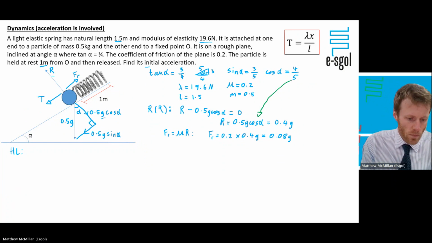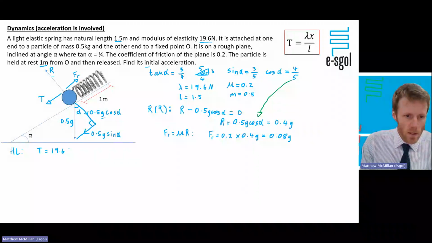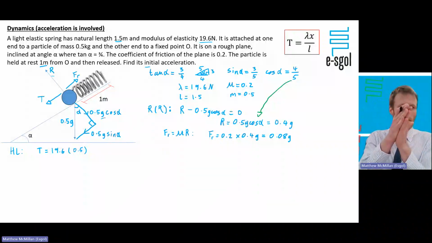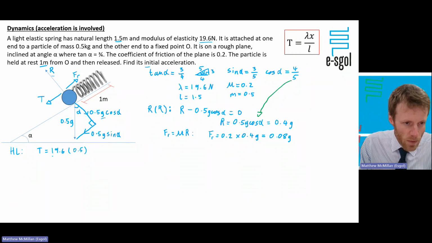So Hooke's law, we are saying T, the thrust, equals lambda, and lambda is 19.6, times the extension, which is 0.5. I've got that because we're compressed 0.5, because we started at 1.5 and we've gone down to 1, divided by the natural length, which is 1.5. So that equals 98 over 15 newtons.